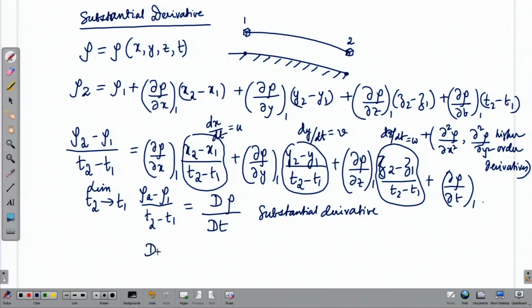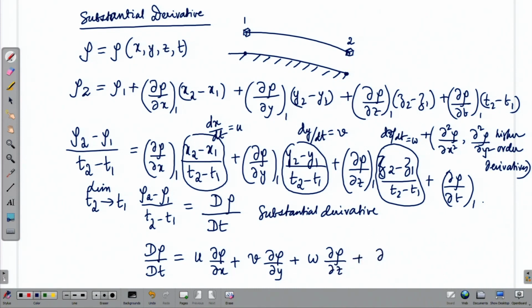Therefore, what do we have finally? We have capital D rho by Dt is equal to u del rho del x plus v del rho del y plus w del rho del z plus del rho del t.